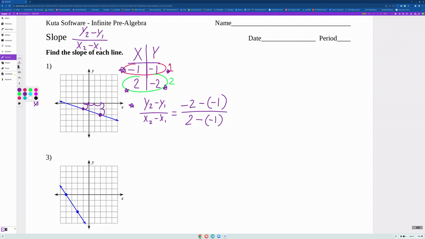So I did put my parentheses here because I'm subtracting a negative, because what that's really going to do is change it to a positive.